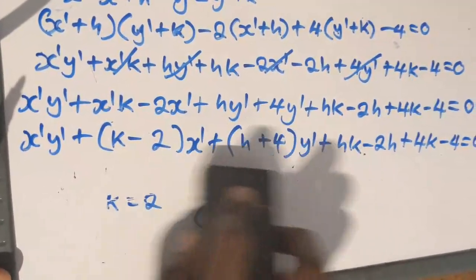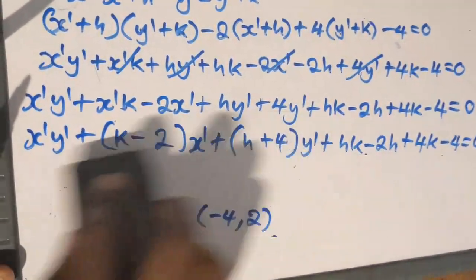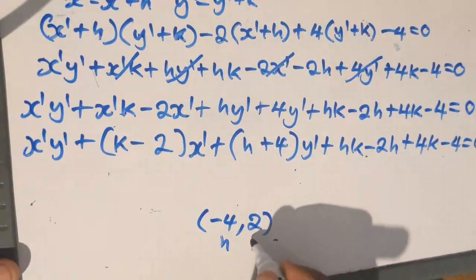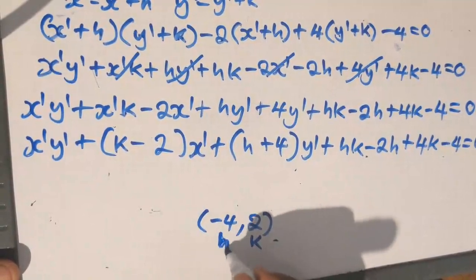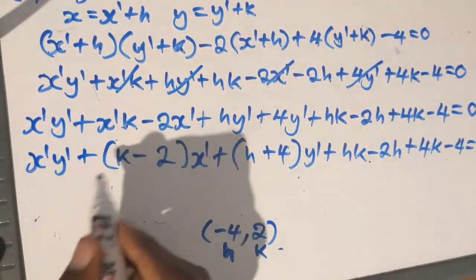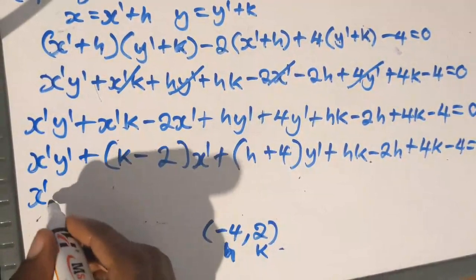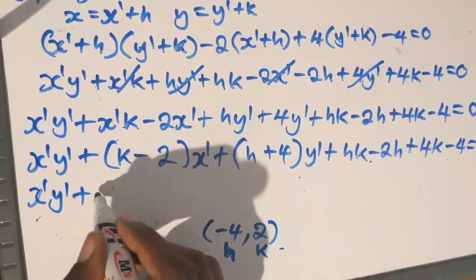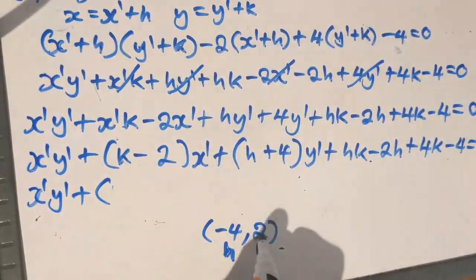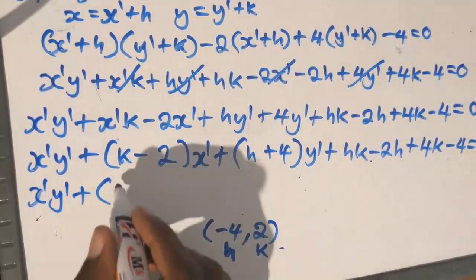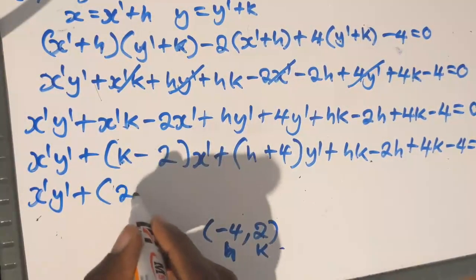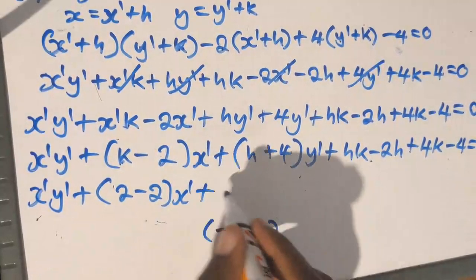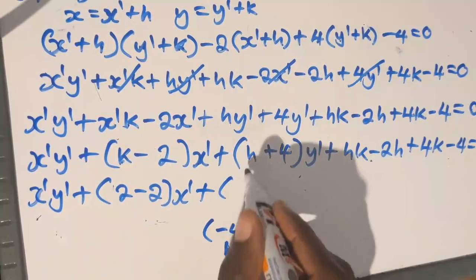That is what we are going to do in the equation. Okay. So in the equation, this is our h, this is our k. Okay. So here the equation, this is the equation, this is going to be x prime y prime plus open bracket, what is k? K, you check from here, k is this. So you say positive 2, then there's minus 2, then y prime like that, then plus open bracket, what is h?